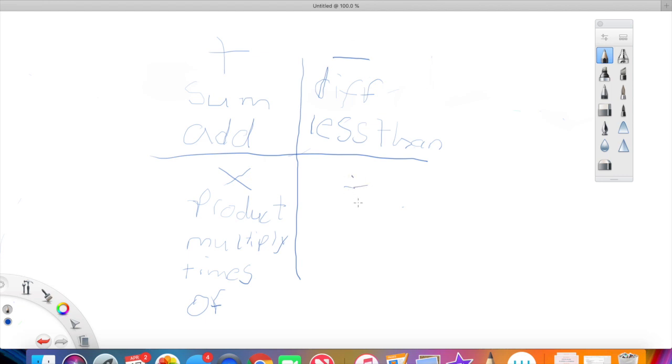Lastly, when we are dividing, we have quotient, divisor, dividend, and share equally.